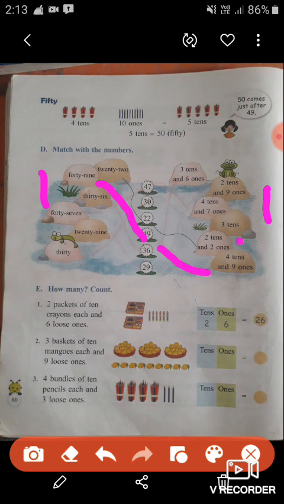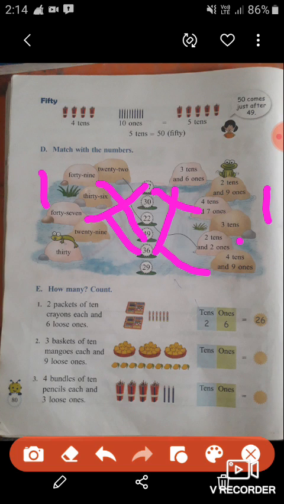Now next one is 36. 36 is below the 49 and 36 is written as 3 tens and 6 ones. Now 47. 47 is at the top and 47 is written as 4 tens and 7 ones.